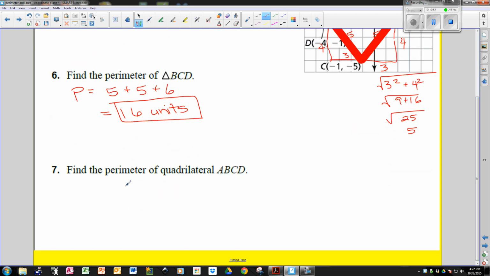So all the sides are 5 plus 5 plus 5 plus 7.8. So that's 5, 10, 15, so 22.8 units.